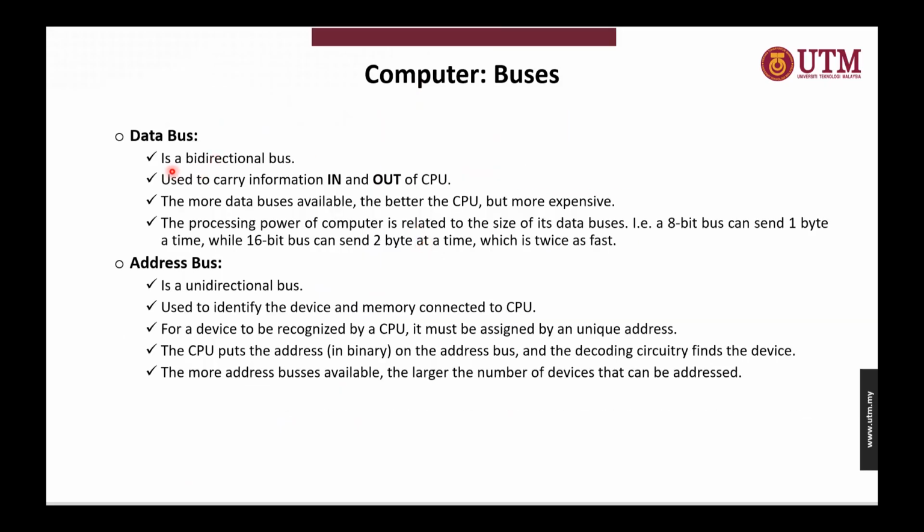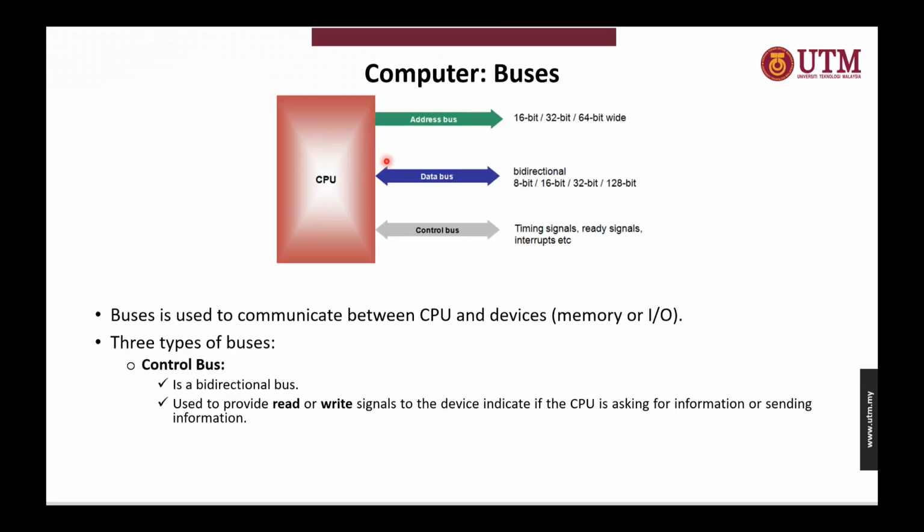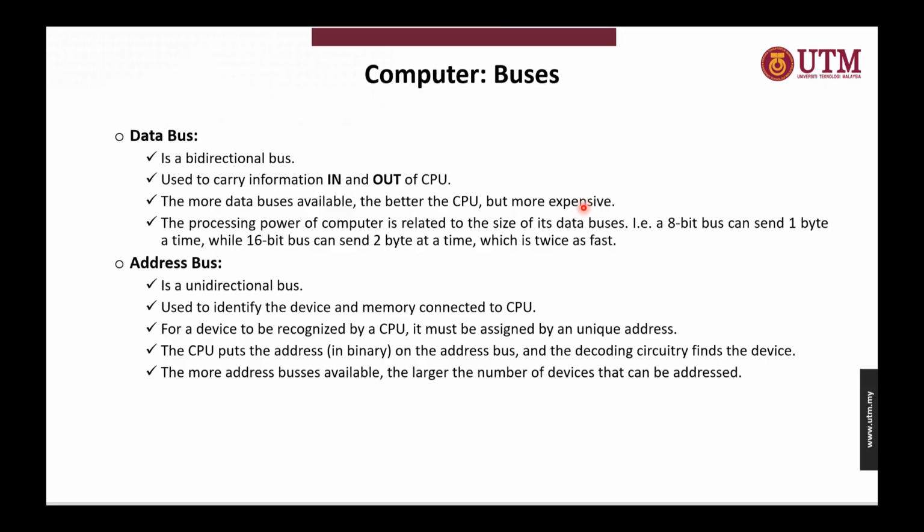Then we have the data bus. The data bus, as we can see here, is also bi-directional. The size of this data bus can be 8-bit, 16-bit, 32-bit, up to 128-bit. Later we'll see more about these bits. So what does this data bus do? It carries information in and out of the CPU.